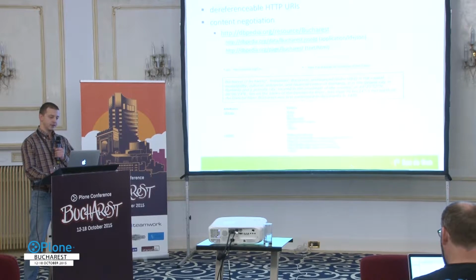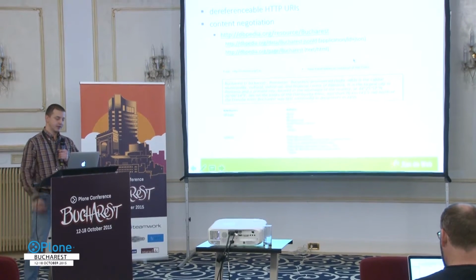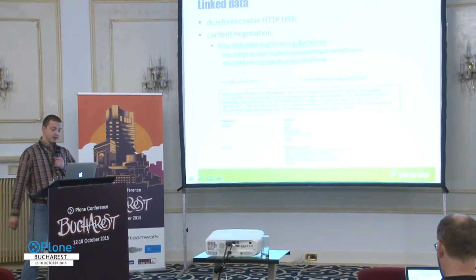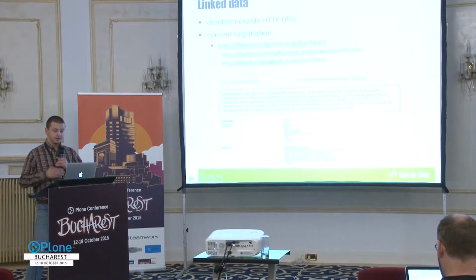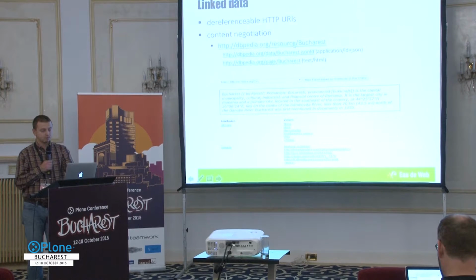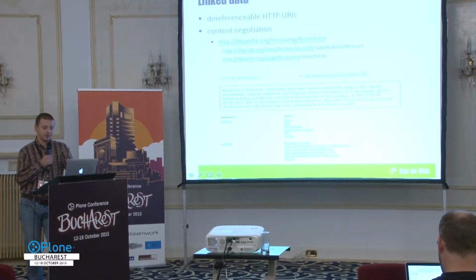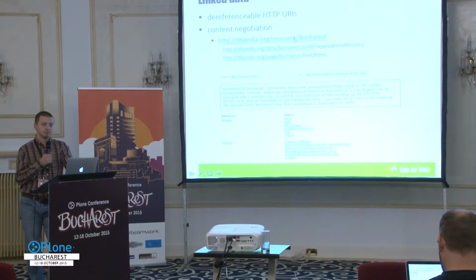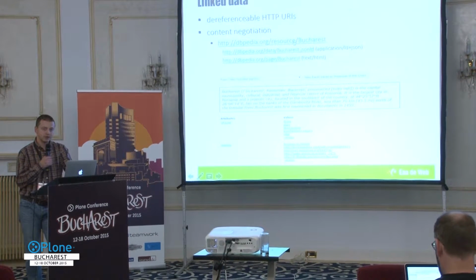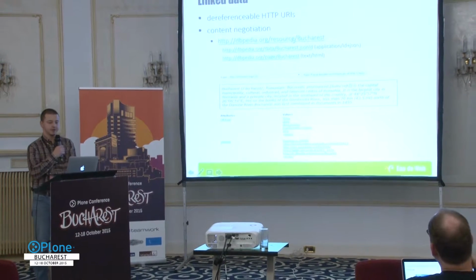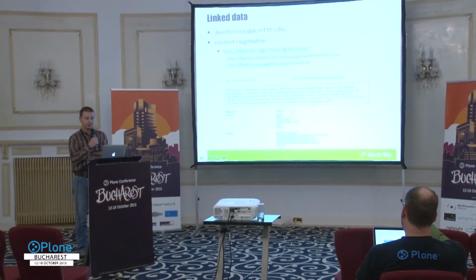when you use URIs for data, for anything, like for instance for Bucharest on DBpedia here, this is resolvable through HTTP and through content negotiation. For instance, if you ask using an HTTP accept header, this is one of the methods to redirect based on the requested format.